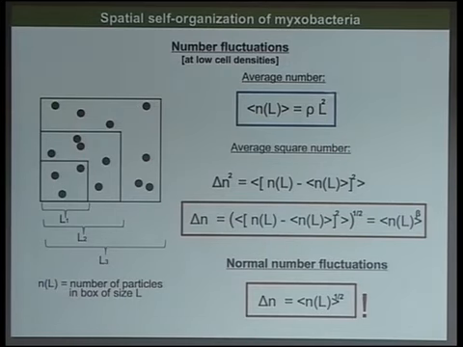The average value of this goes like this, very simple: it is the global density in your system multiplied by the area of the box. But the quantity of interest here is the variance of that quantity. The variance should go with an exponent beta. This is not very difficult to understand and to do the calculation.